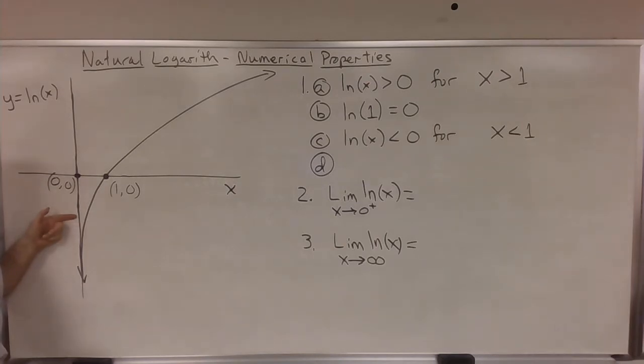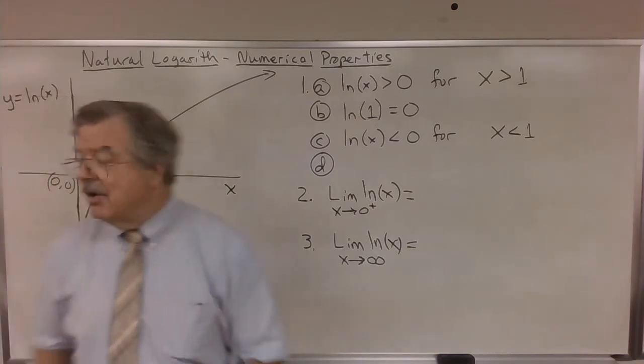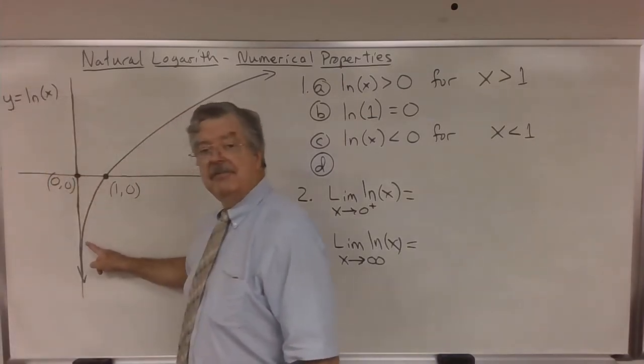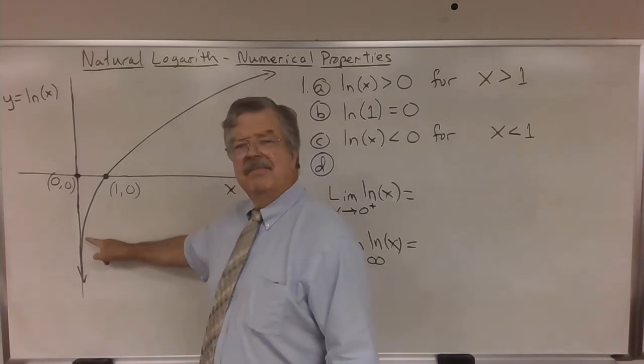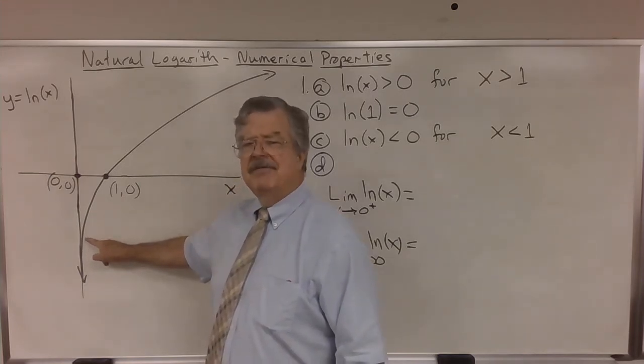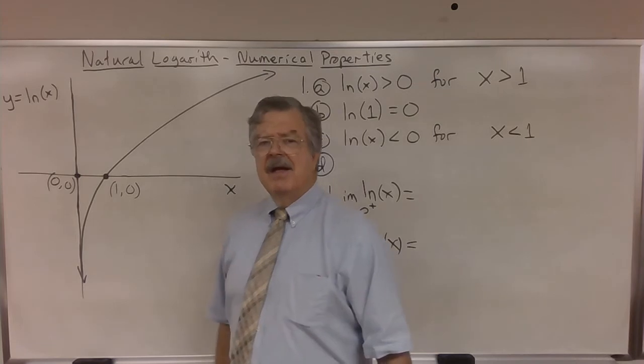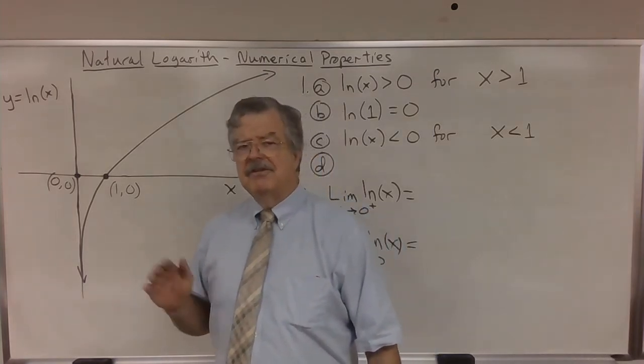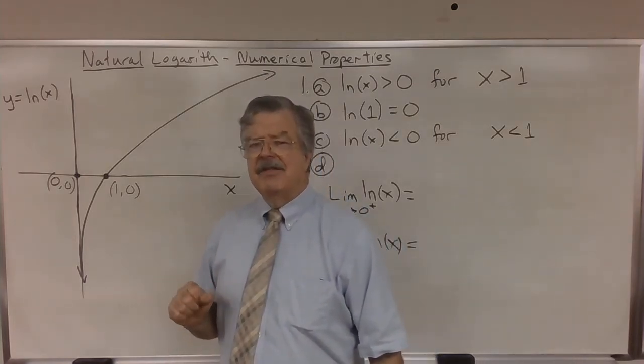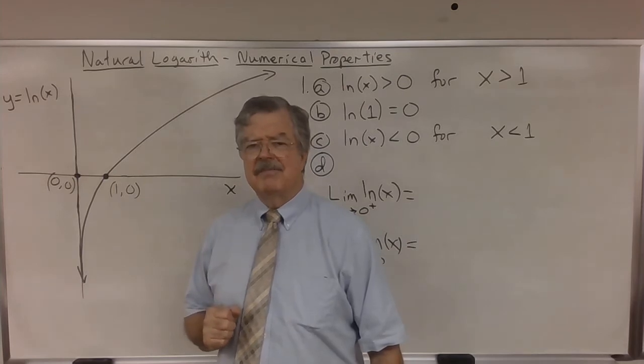This is the one function in mathematics where we have a vertical asymptote, and yet there's no algebraic division by 0. Tangent, cotangent, secant, cosecant, they all have vertical asymptotes.